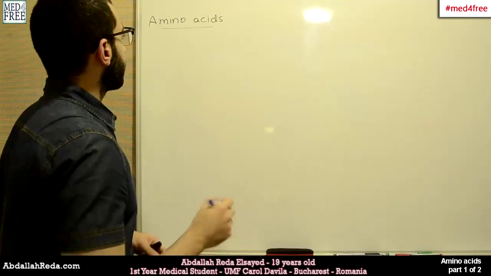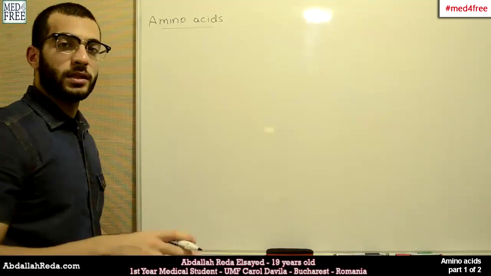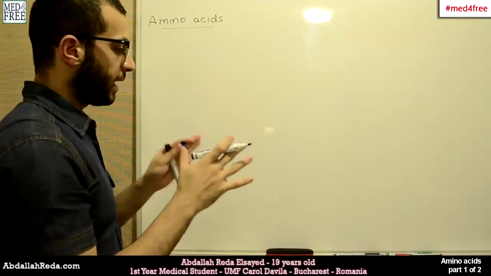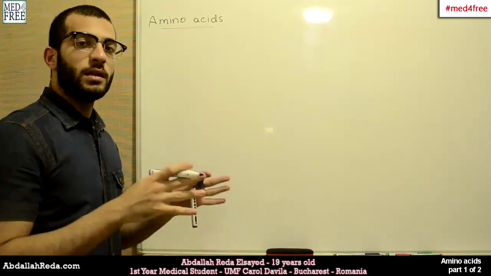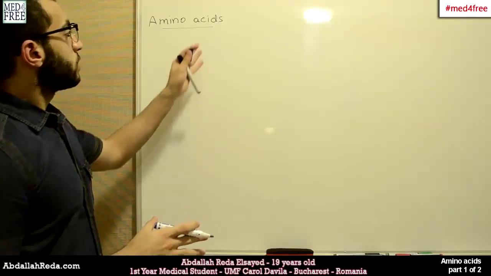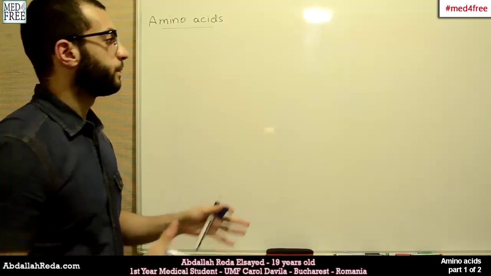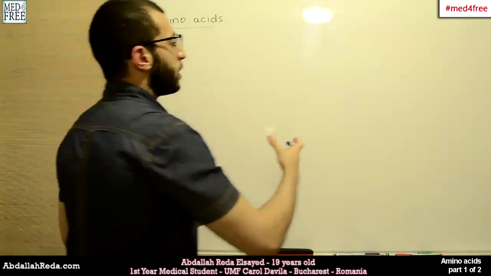So let's start with the structure. From the name amino acids, it means that these chemical structures have an amino group and also an acidic character, which is why they're called amino acids. This is how it goes.